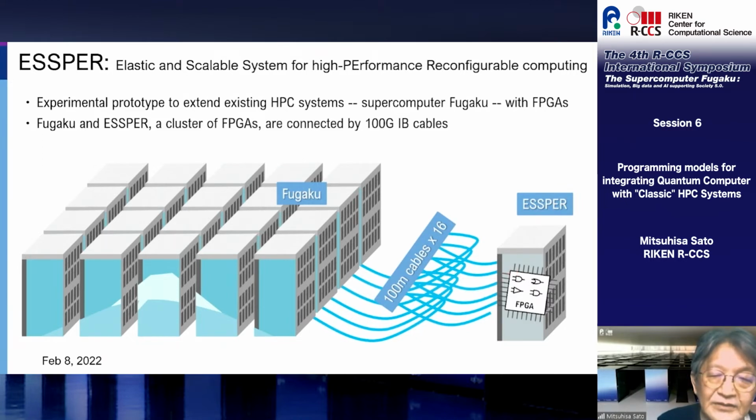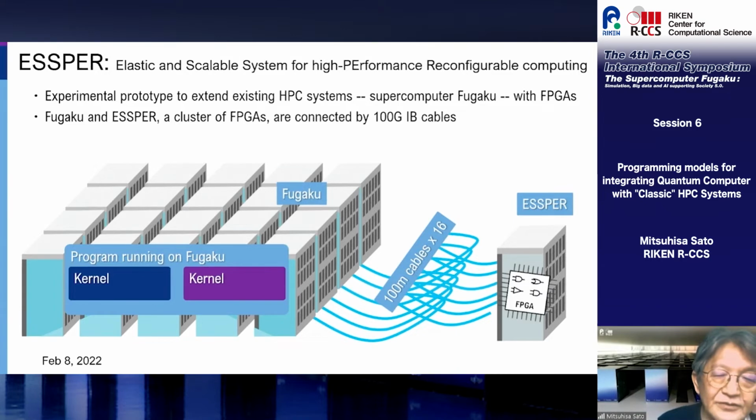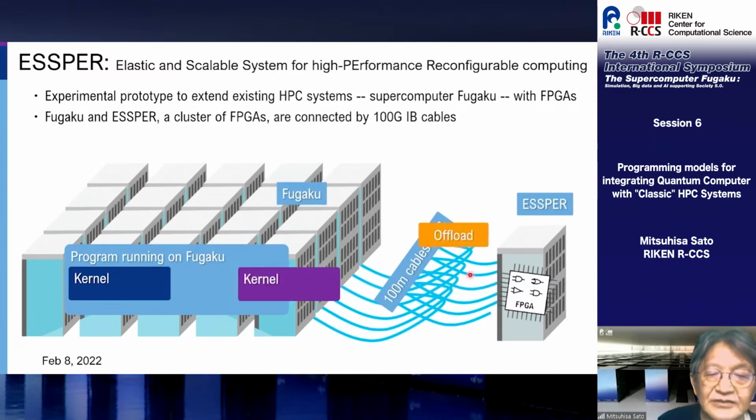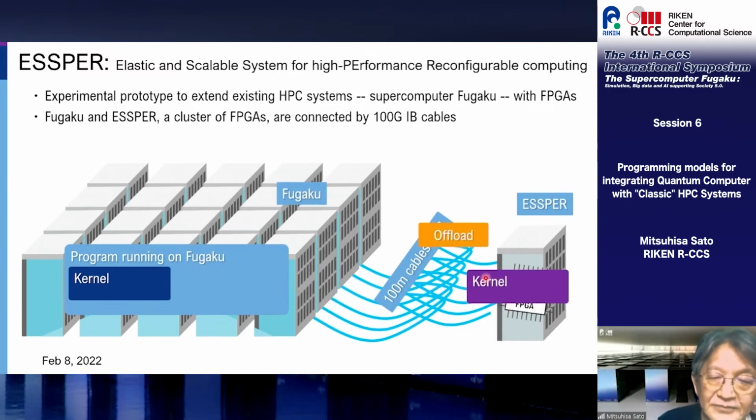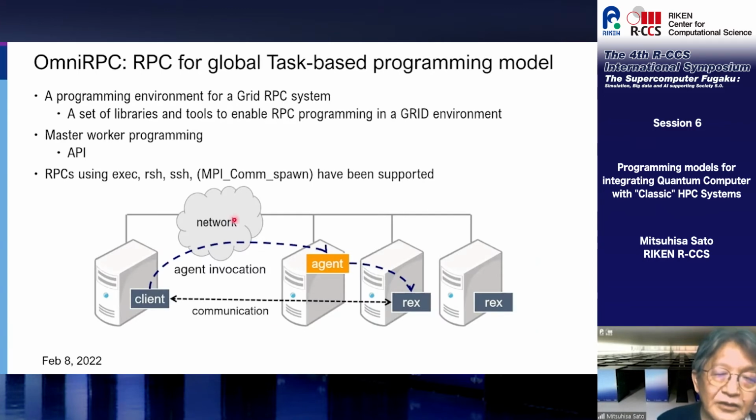In this configuration, some kernel is offloaded to the FPGA clusters, and the result is taken back to the supercomputer. To offload, we are developing a kind of remote procedure call runtime, called OmniRPC. OmniRPC was originally developed for the grid environment.